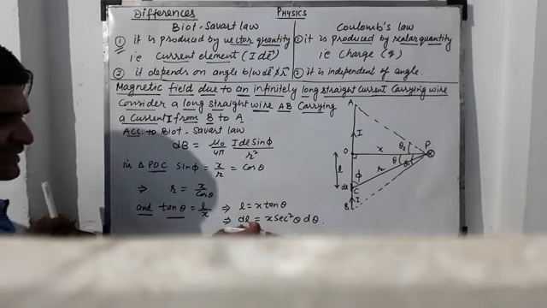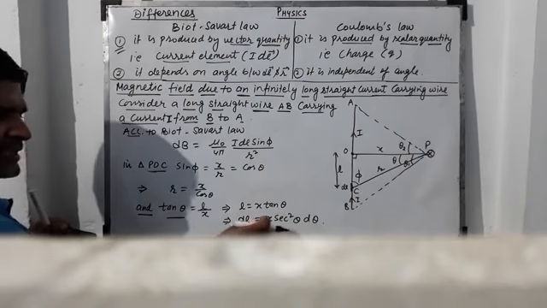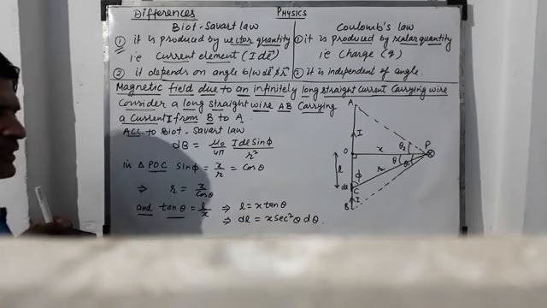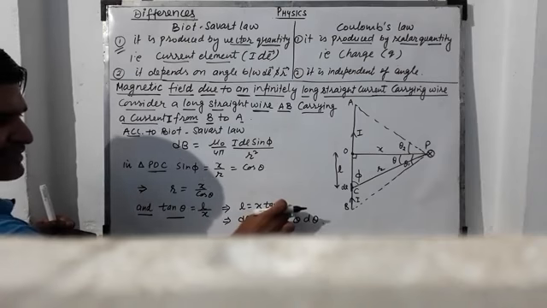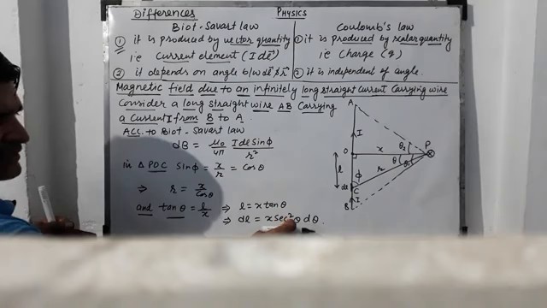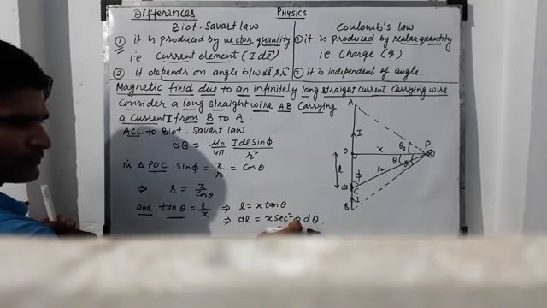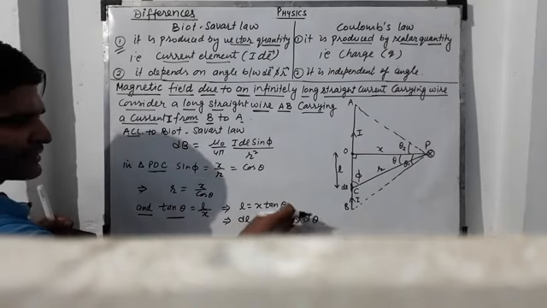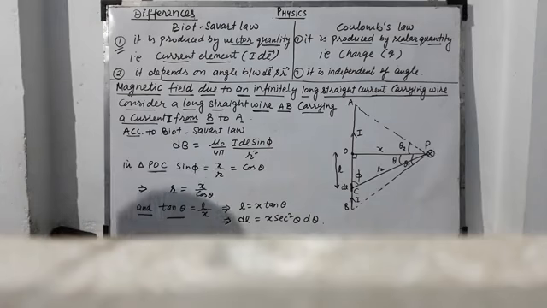By differentiation, we get dl is equal to x sec square theta d theta, because the differentiation of tan theta is sec square theta. So we have dl is equal to x sec square theta d theta.